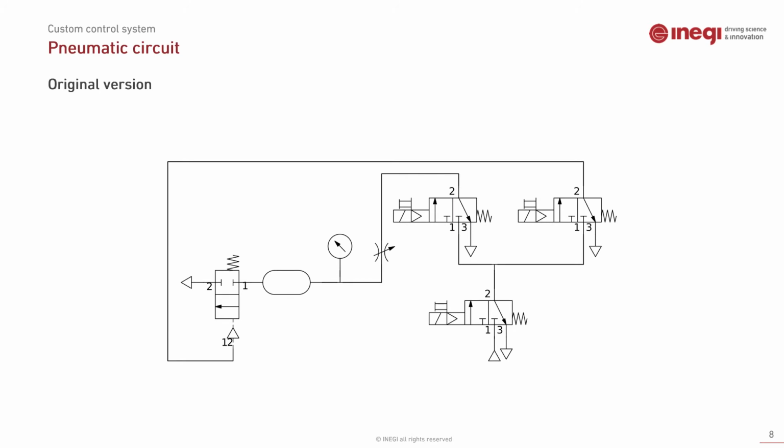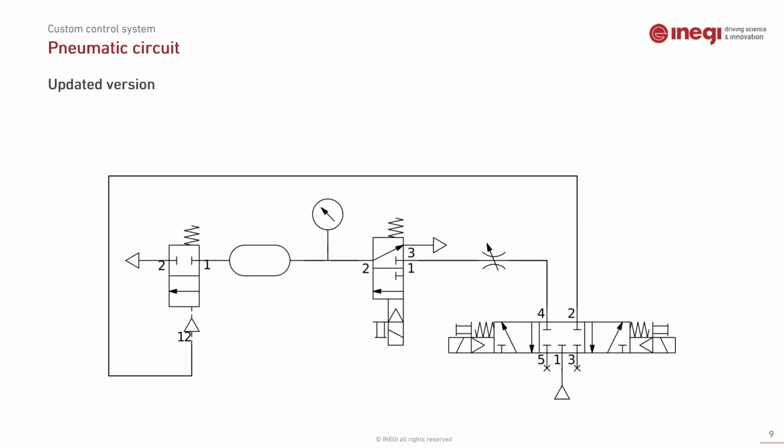The original pneumatic circuit included an analog pressure gauge, as well as a total of 4 valves, some of which with noticeable wear. Therefore, we upgraded the circuit. We kept the same firing mechanism, comprised of a 2-2 valve and reservoir.